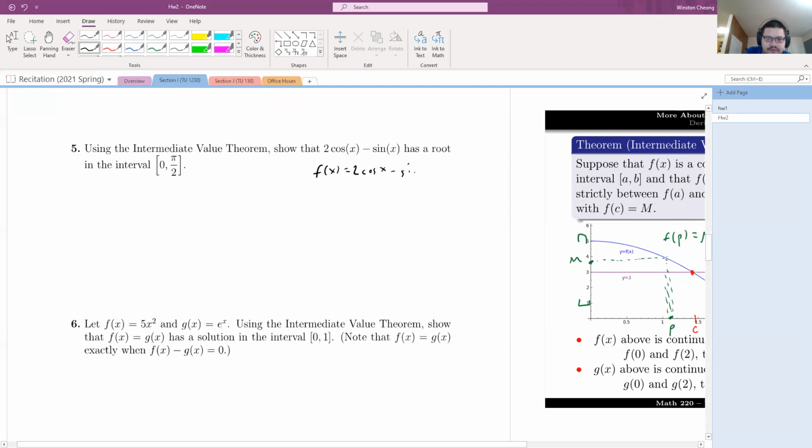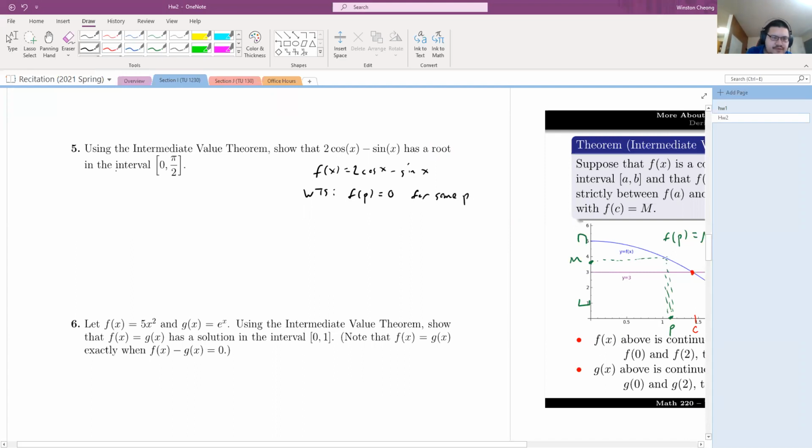Makes everyone comfortable if we do that. Okay. And we want to show that there is some f of p that is going to have the value 0. Having a root means that we found some place where the function takes the value 0. Maybe I'll say for some p.